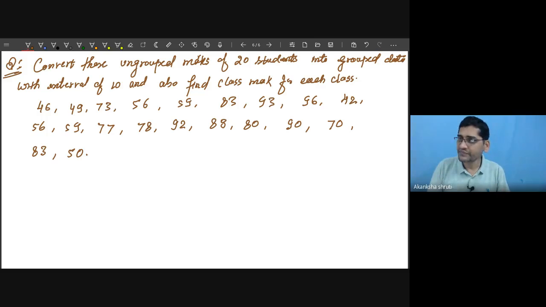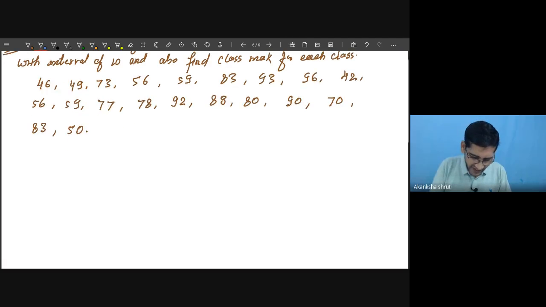Student, understand this carefully. These are the ungrouped data which are given, so we have to do the grouping. The grouping that we are writing is called the class interval. Observe the lowest one. The lowest is 46, but below this, 42 is there, so it is better to start with 42.